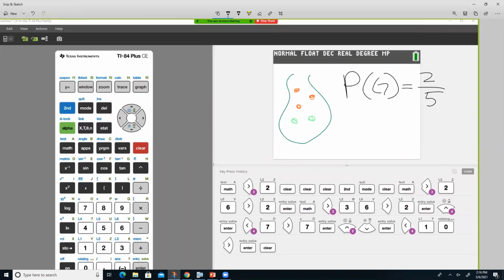But what happens when the counting is just a little bit more complicated? For example, what if I asked: there are five of you and I'm going to give three of you a piece of candy, how many ways could I hand out candy to three of you?